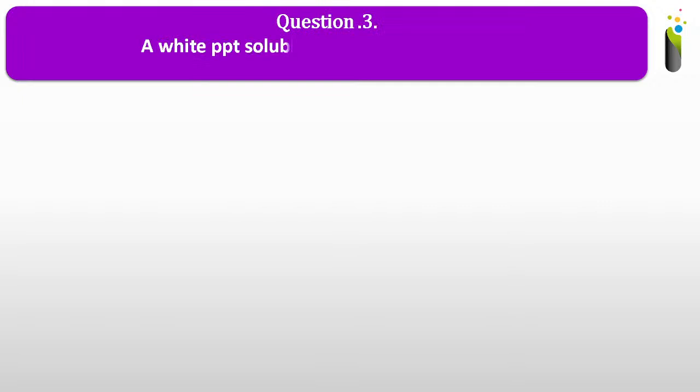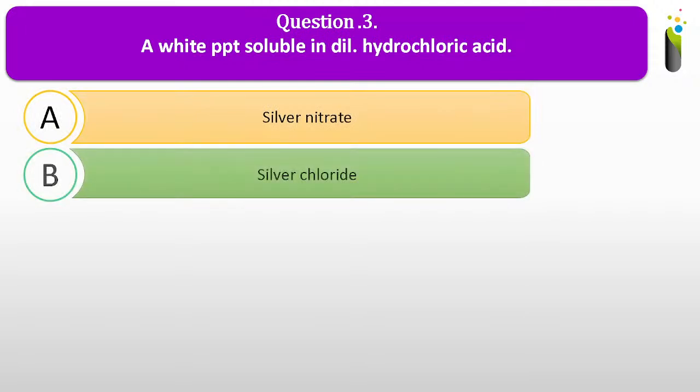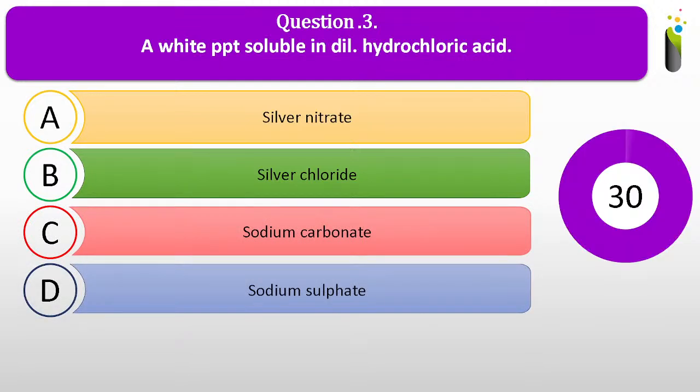Question number three. A white precipitate soluble in dilute hydrochloric acid. A. Silver nitrate. B. Silver chloride. C. Sodium carbonate. D. Sodium sulfate.